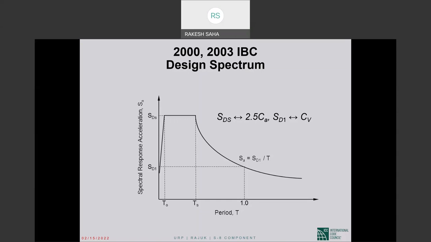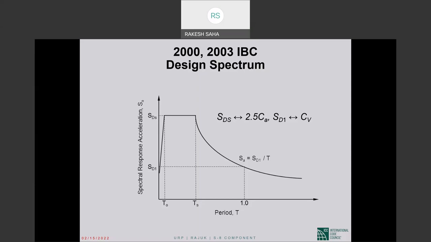Then it ended up in the building code. And then the big development was the 1994 NERP provisions introducing the two-factor approach to local site conditions. And that was adopted by the 1997 UBC, and then the IBC stayed with the same. Okay.